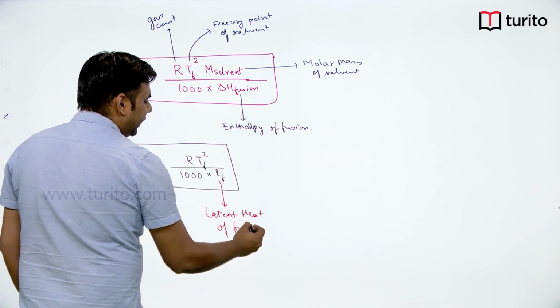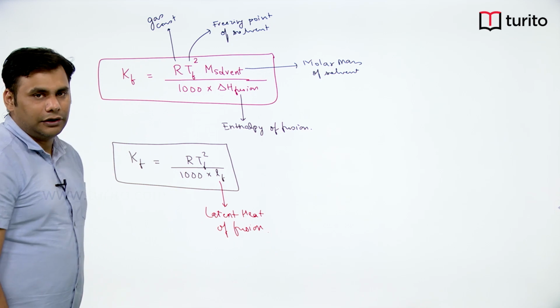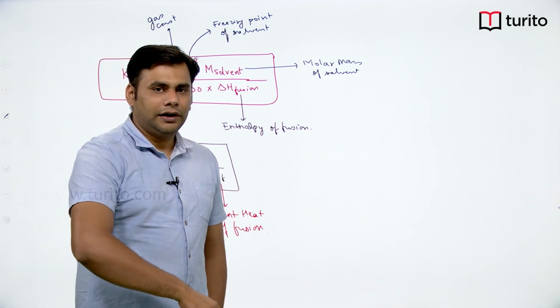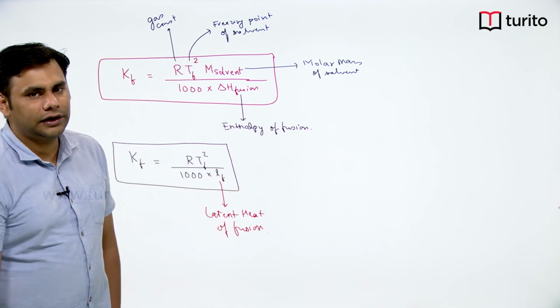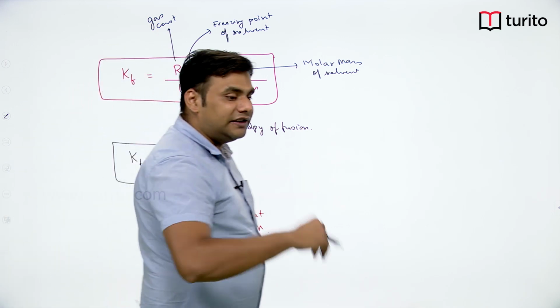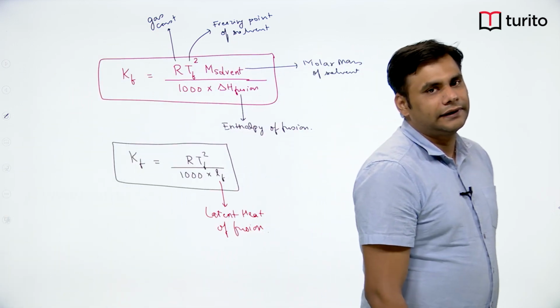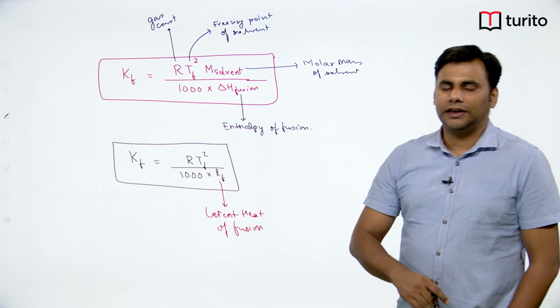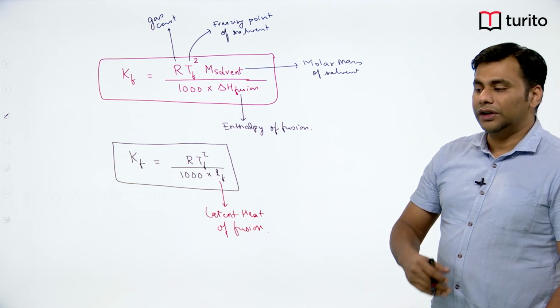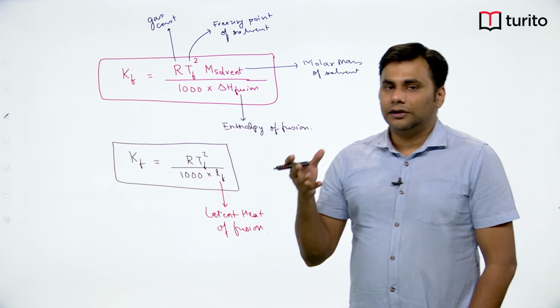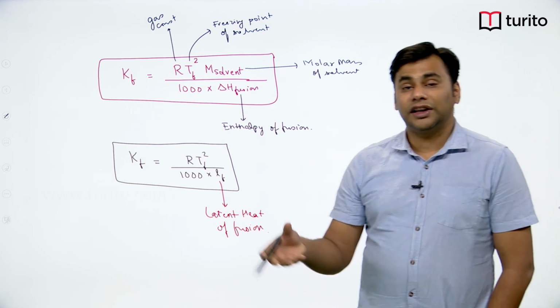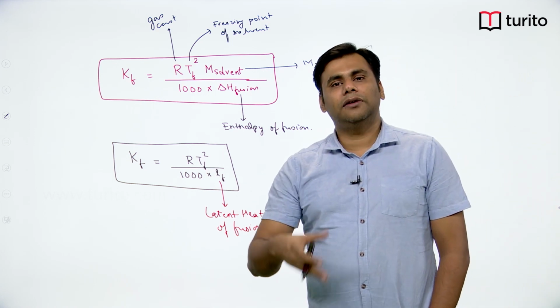So when we are adding a non-volatile solute to any solvent, the boiling point of that solvent would increase, and the freezing point of that solvent would decrease, because vapor pressure decreases. To increase the vapor pressure, again the solid that had been formed in the solution has to melt, then only the vapor pressure can increase.